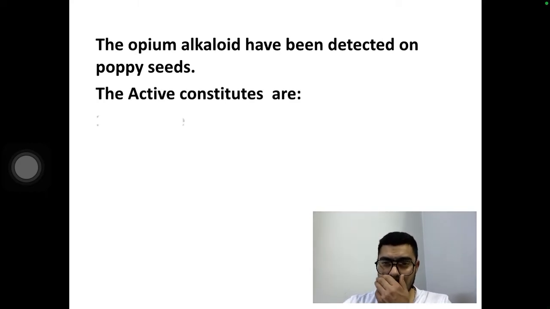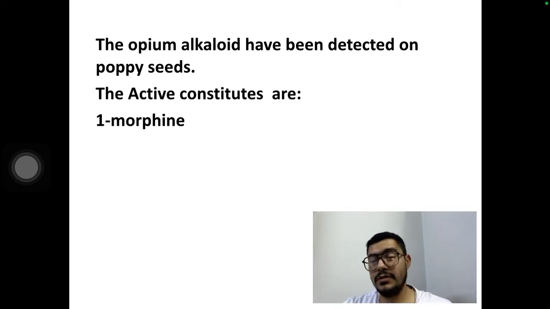The important alkaloids present in this plant, we could say the active constituents, are morphine, which is a strong analgesic and could be used as a base from which we could prepare other compounds such as heroin, and codeine, which are important chemical compounds that cause an addictive effect on human health.